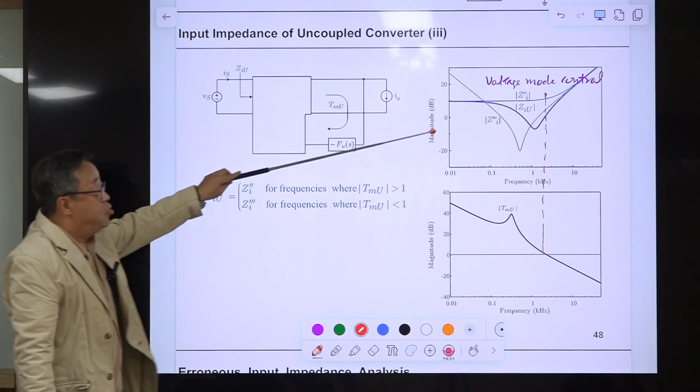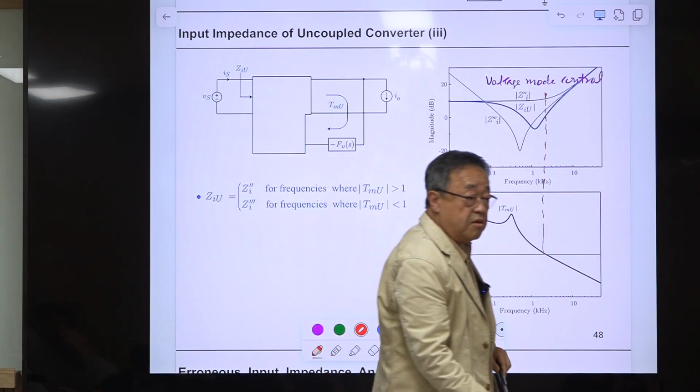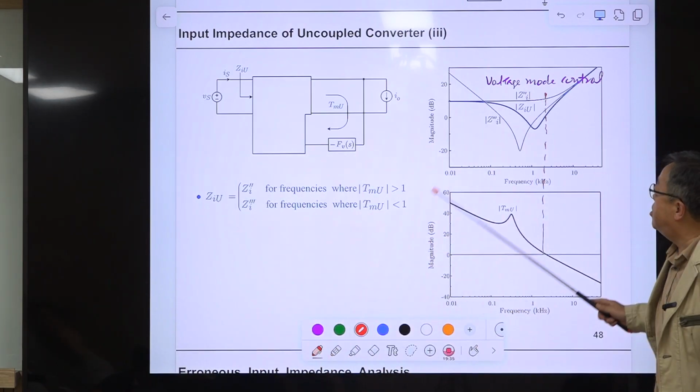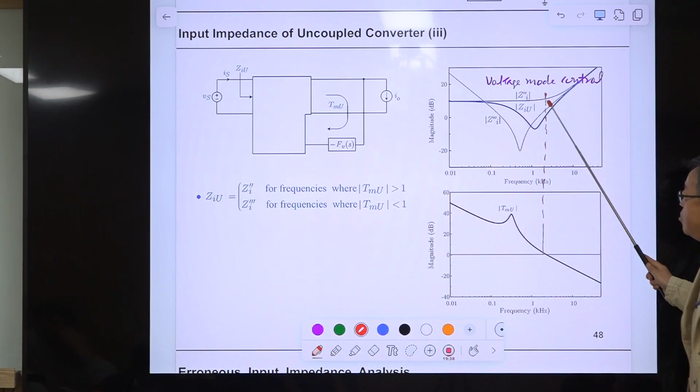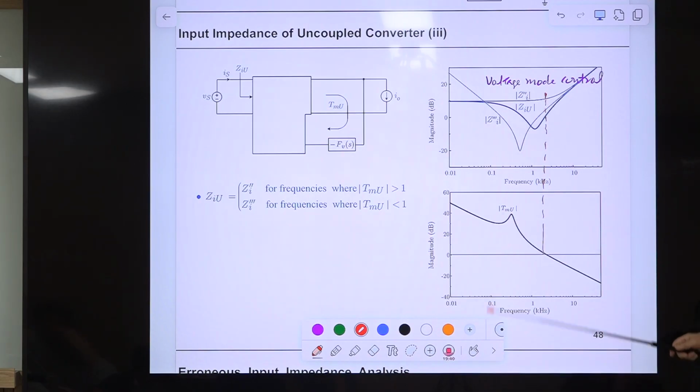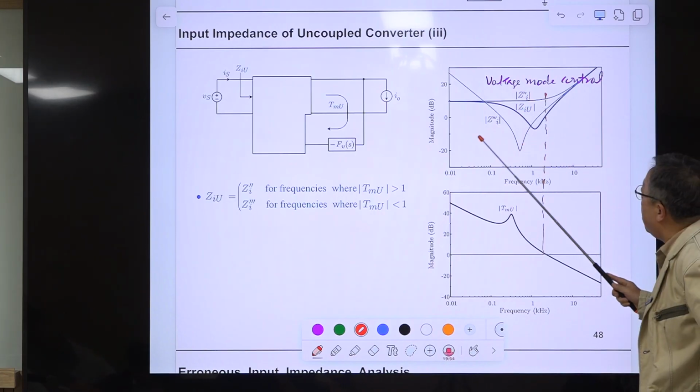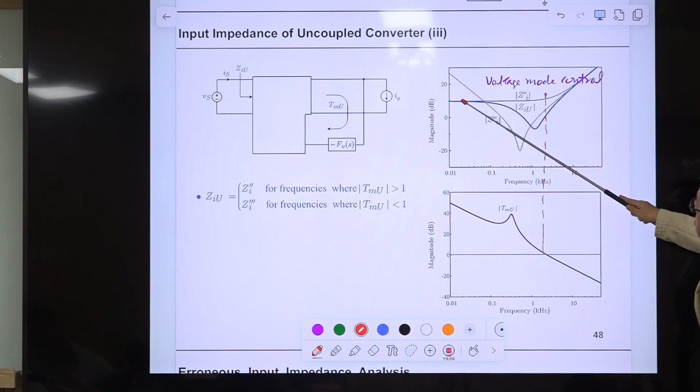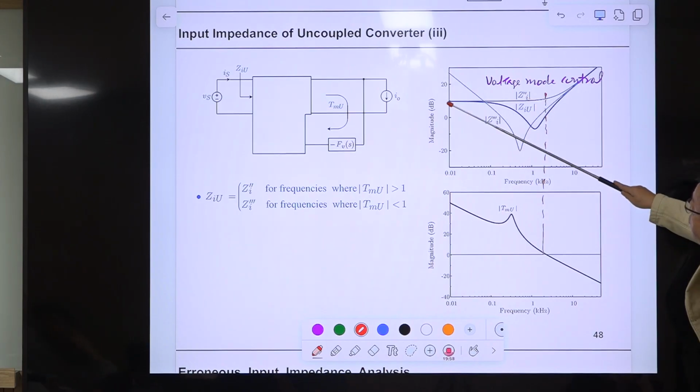This is the voltage mode control case. As I said, this curve is very sensitive to the converter topology and the control method. This is a boost converter with voltage mode control. I'm just showing 3 curves. Then this GIU follows this GI double prime at low frequency.